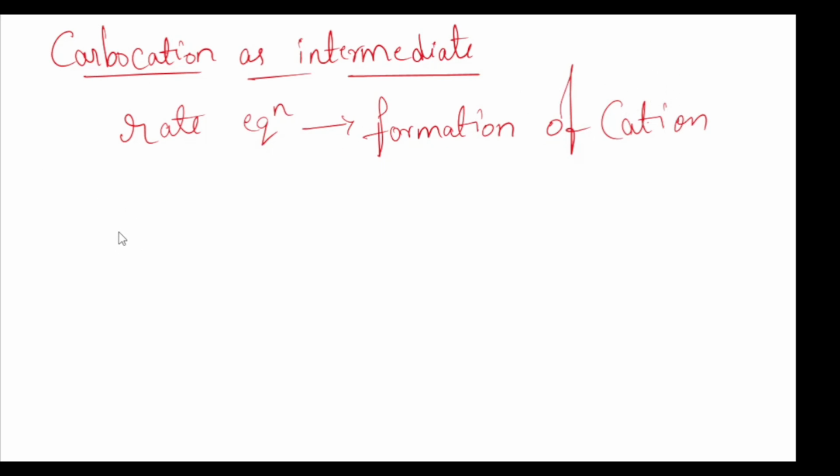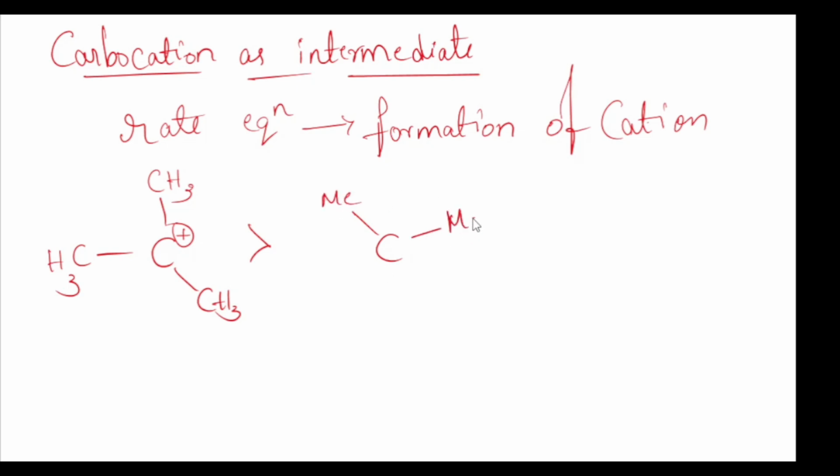That means the carbocation has to be more stable compared to the less stable ones. Tertiary butyl carbocation is more stable compared to secondary, where I will write a CH3 group and here a hydrogen.